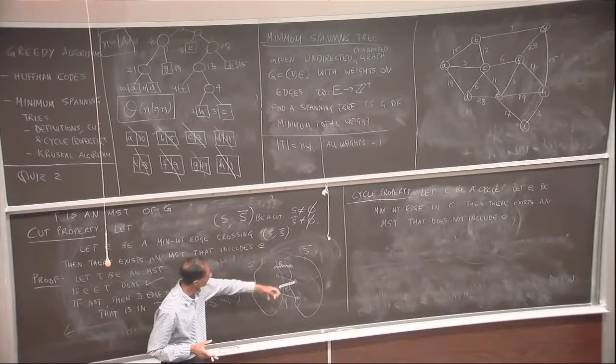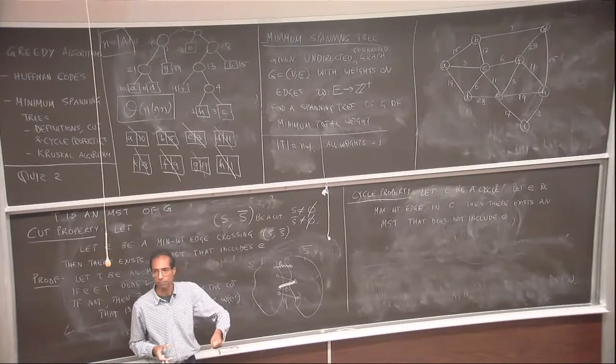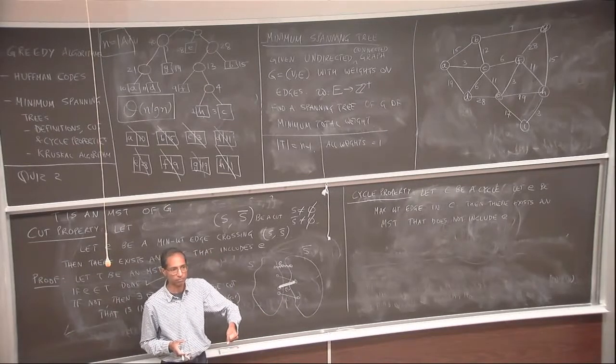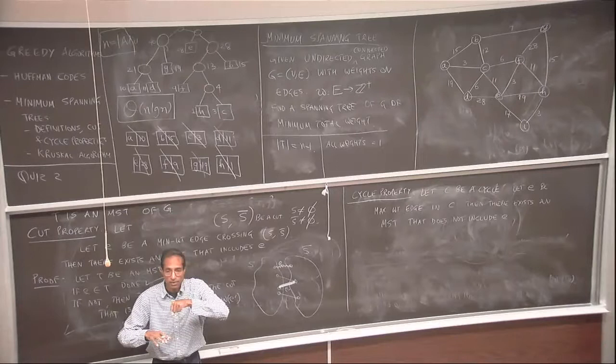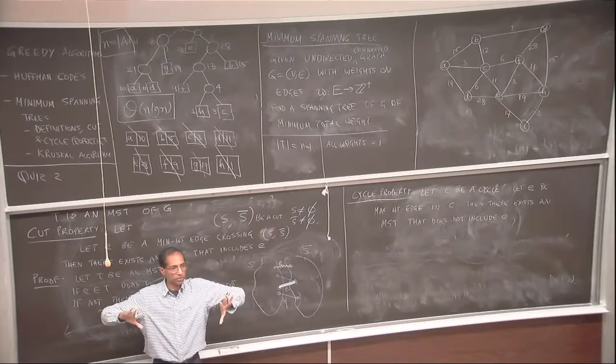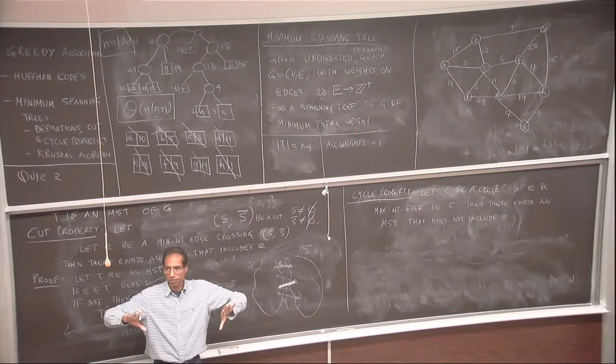What will happen if I remove E prime from the tree? It will break the tree into two pieces. Do people agree or disagree?